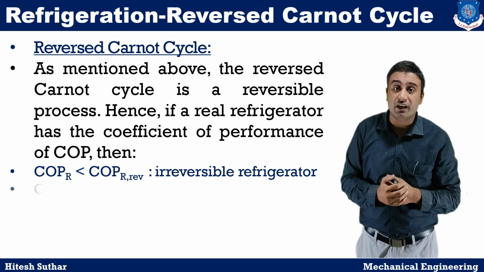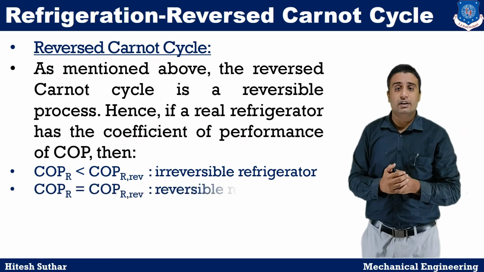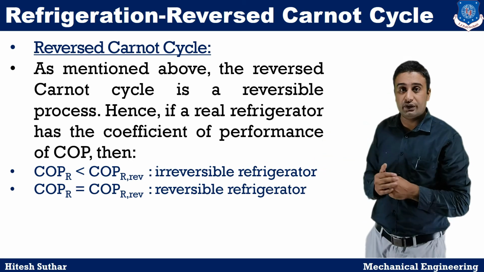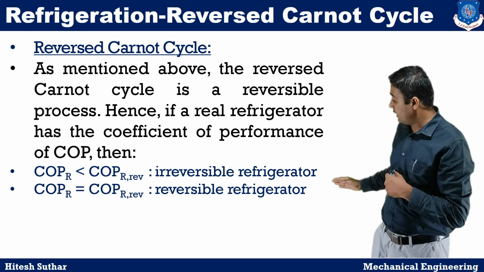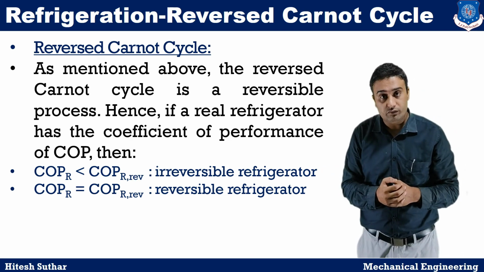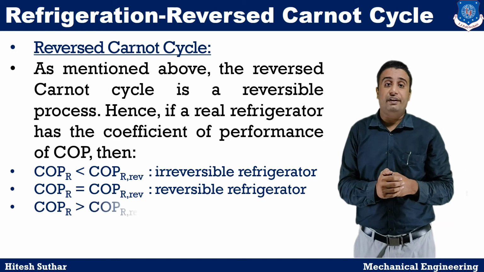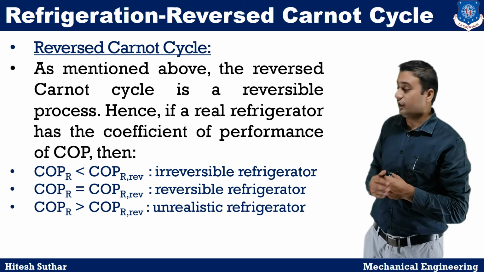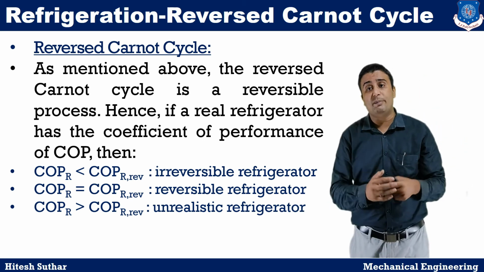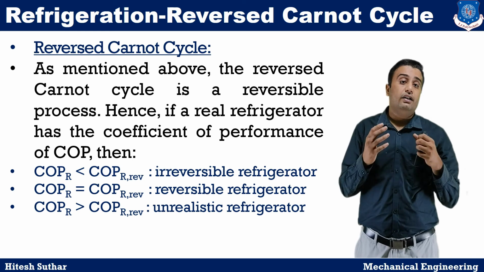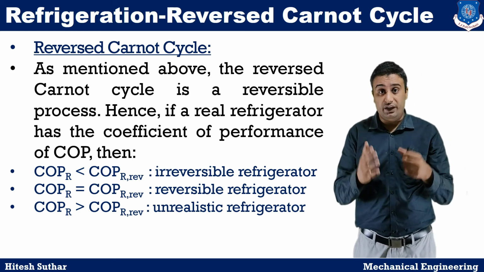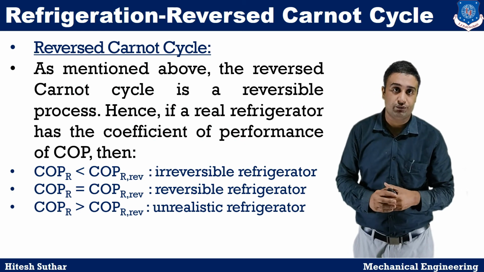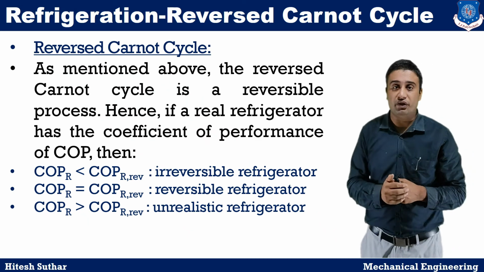Second, if COP is equal to COP of the reversible refrigerator, it is a reversible refrigerator. Third, if COP is greater than COP of the reversible refrigerator, it is an unrealistic refrigerator. That cannot be possible, because the reversible cycle always has the highest value compared to other cycles.